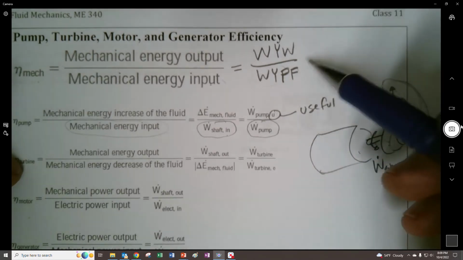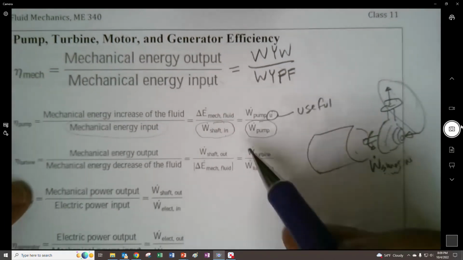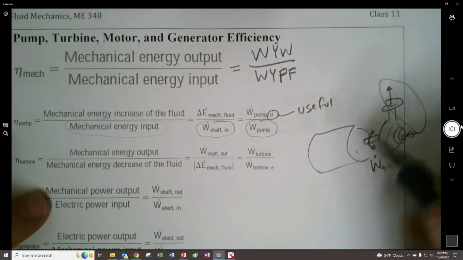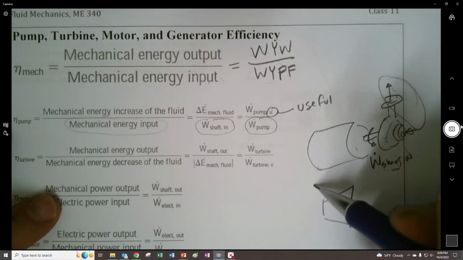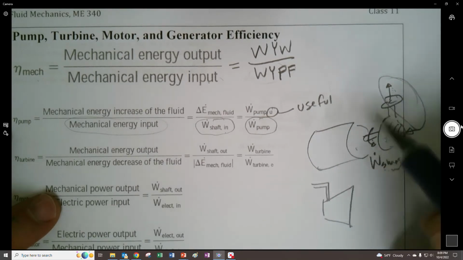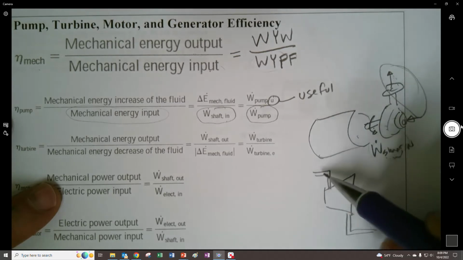That's the price we have to pay. This power is going to be less than that power. Same thing is true for a turbine instead, right? So if we have some type of turbine, we have some kind of energy coming in right across from here.